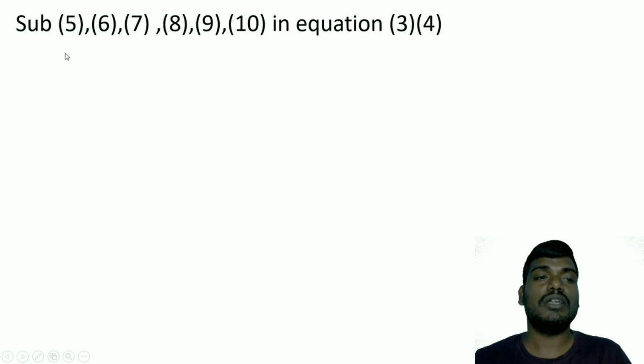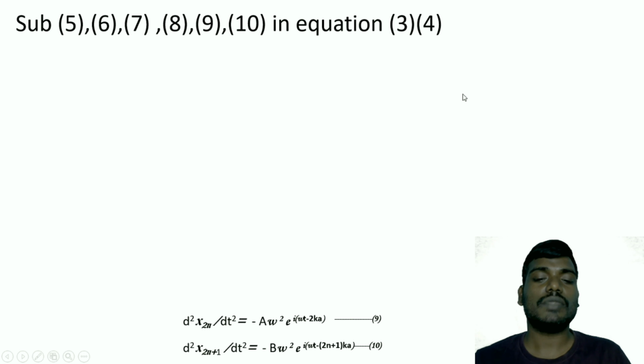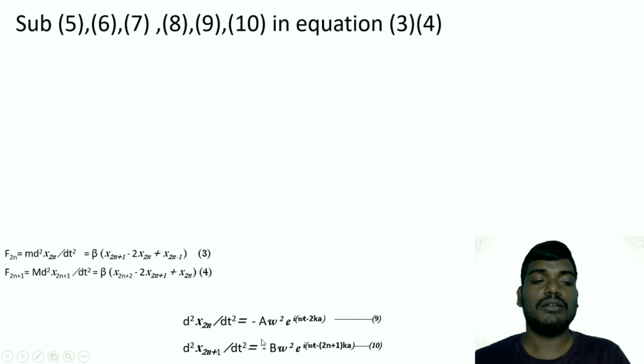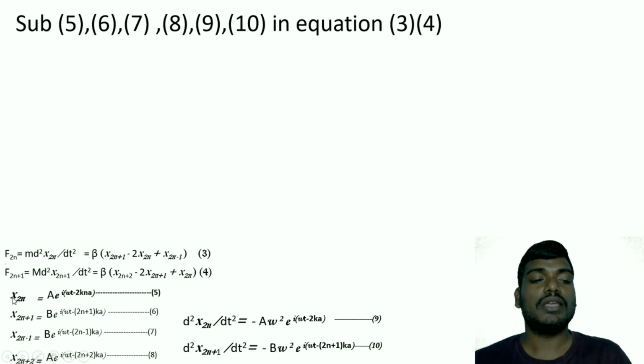And we substitute equations 5, 6, 7, 8, 9, 10 in equations 3 and 4. The third and fourth are Newton's second law equated to Hooke's law. The third is for the small m, the fourth for the capital M. So we differentiate the above values, the fifth equation, and we get the ninth equation.